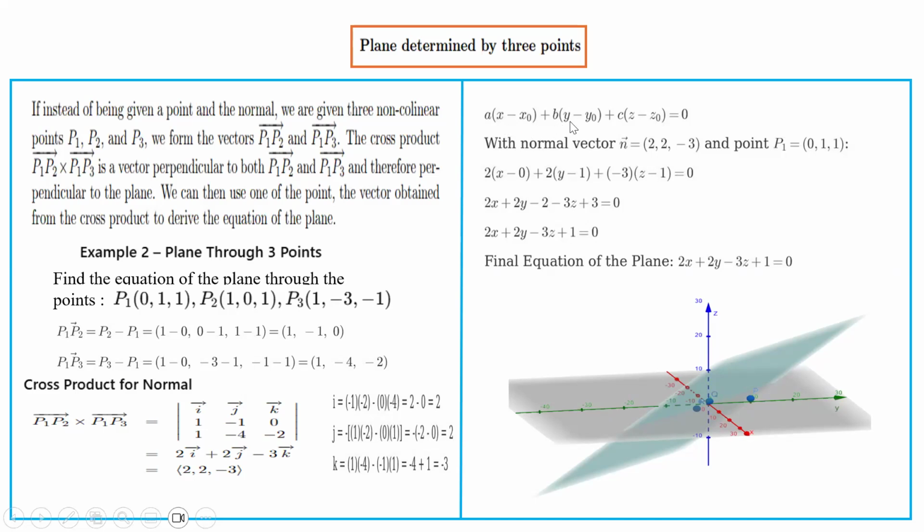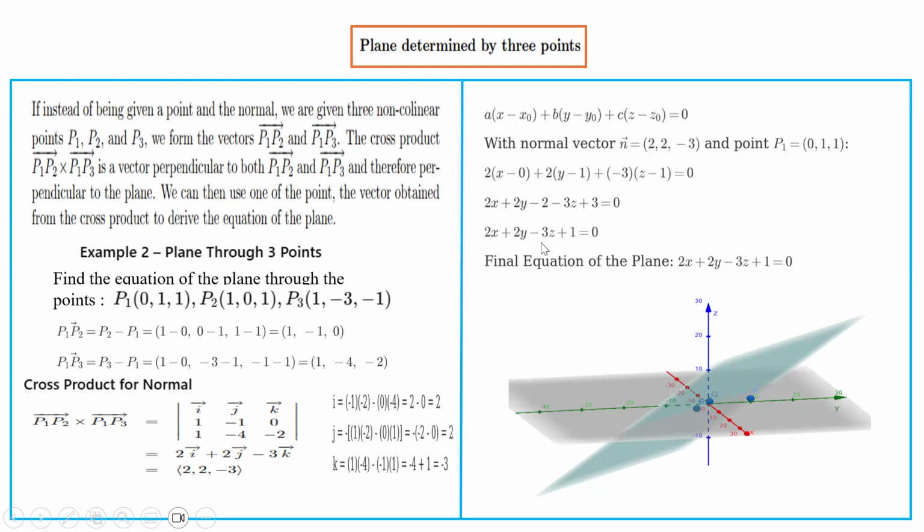So again, we use the general equation and substitute the values. Now that we know vector n, we can use any one of the points. I use point P1 here, with n equal to (2, 2, -3) and point P1 (0, 1, 1). I substitute that into the general equation and simplify, and I'll have 2x + 2y - 3z + 1 = 0.